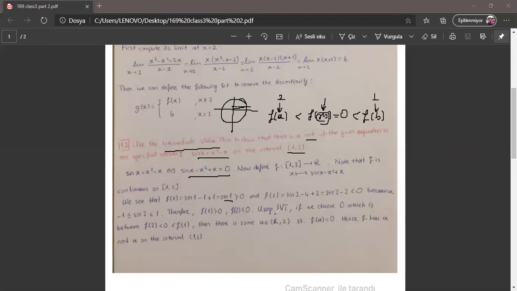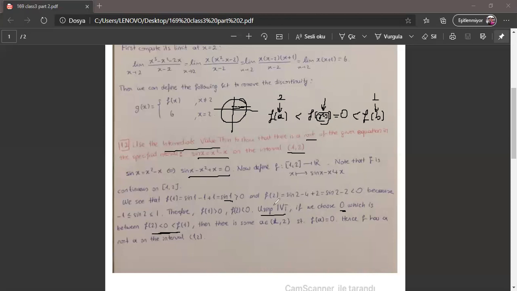So we can apply this theorem, the intermediate value theorem, okay? We can choose 0 because it's between them, right? It's between these two values, f of a and f of b, okay? One of them is less than 0, one of them is greater than 0, so we can pick this value 0 such that, as I said before, it's between these two values of f.